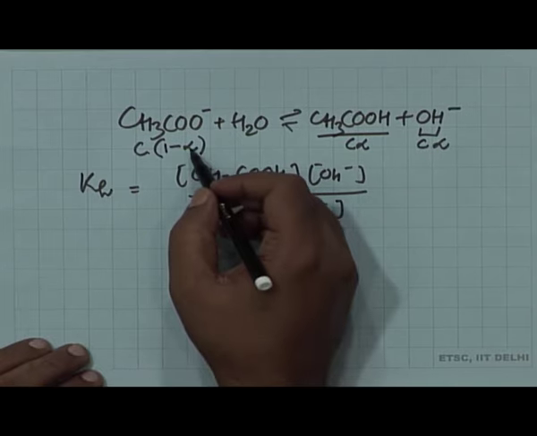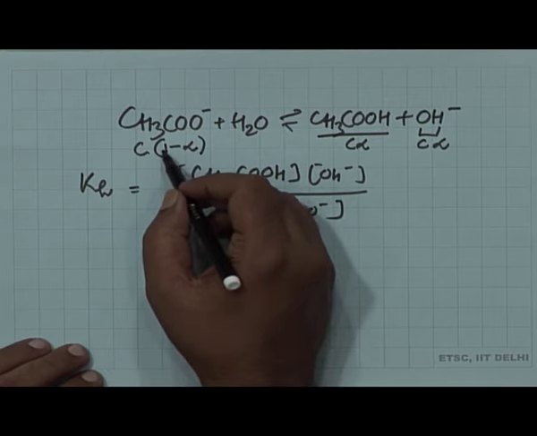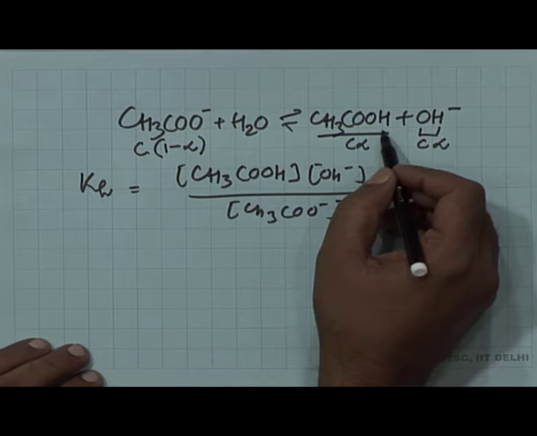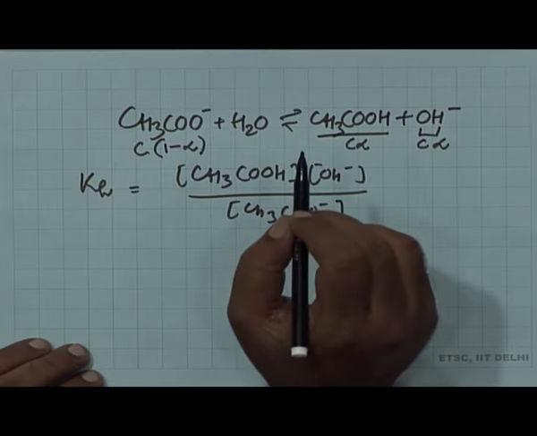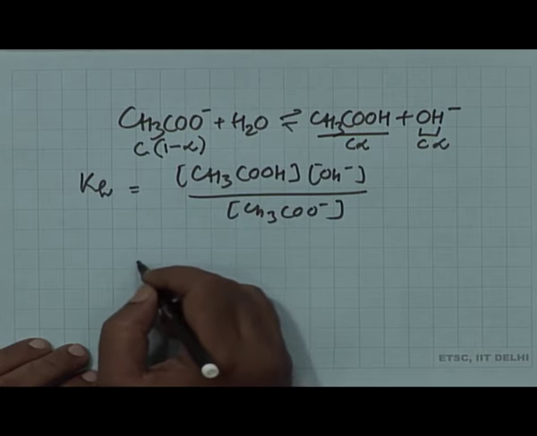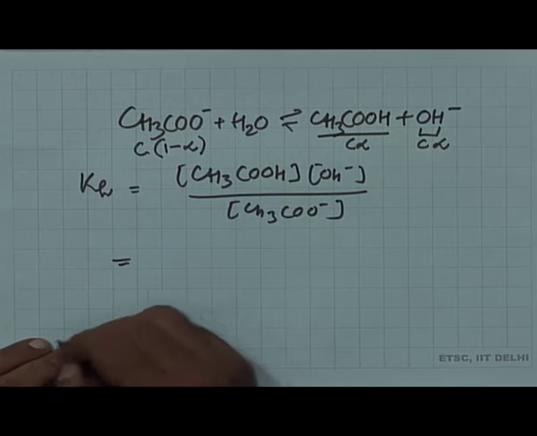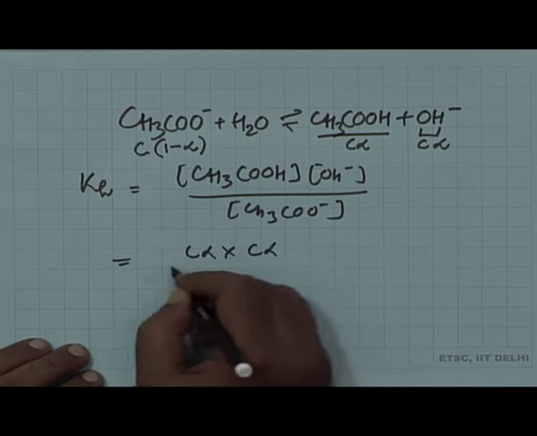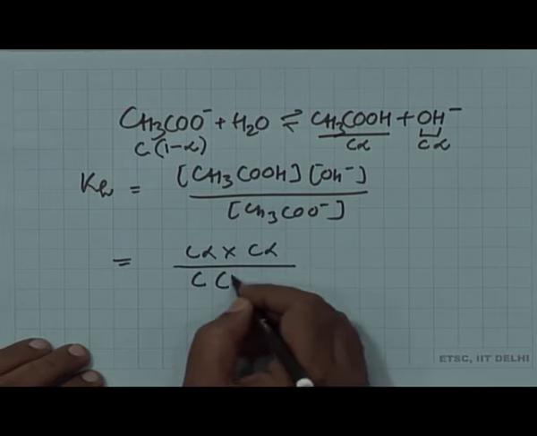What that means is, out of 1 mole of CH3COO minus ion, alpha mole has converted to CH3COOH. So we can put it here as C alpha by C into 1 minus alpha.